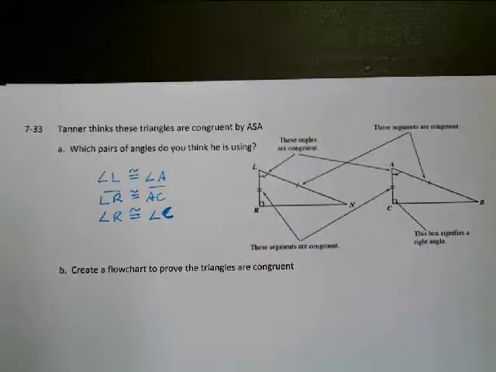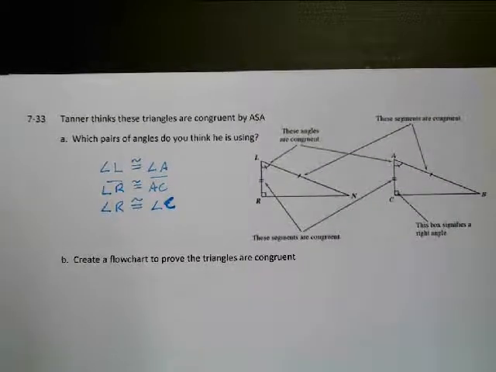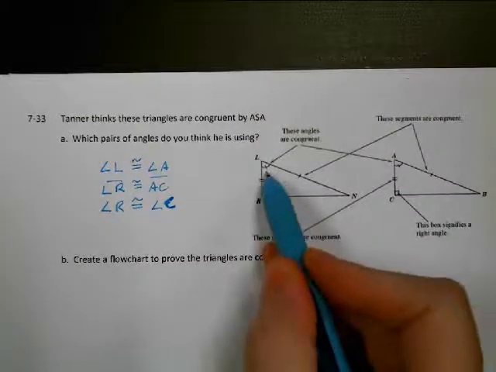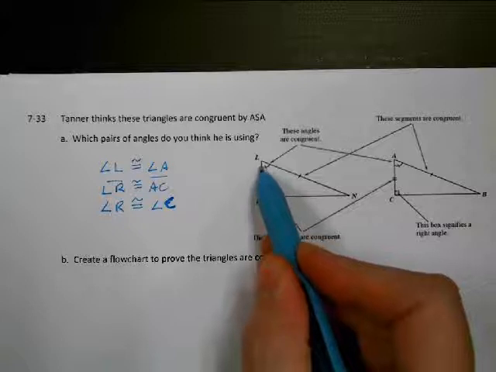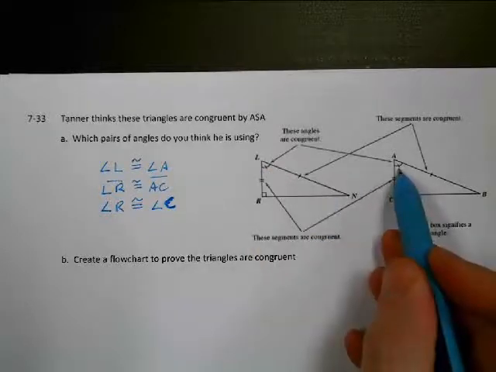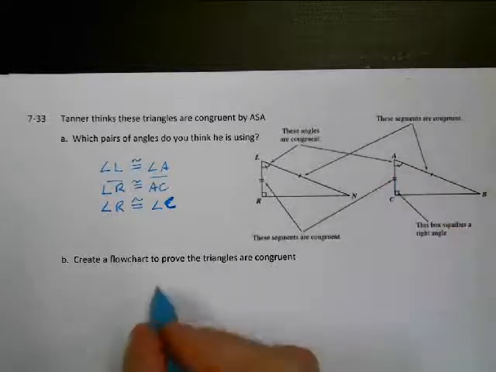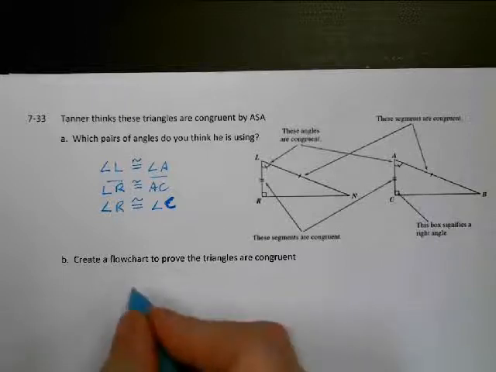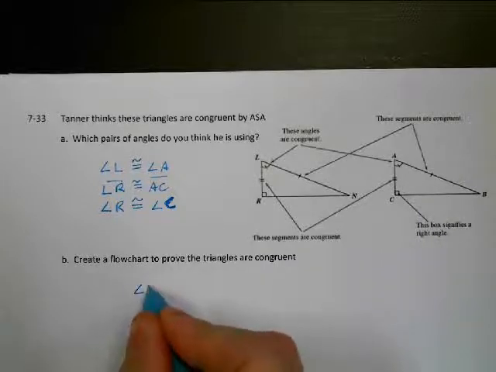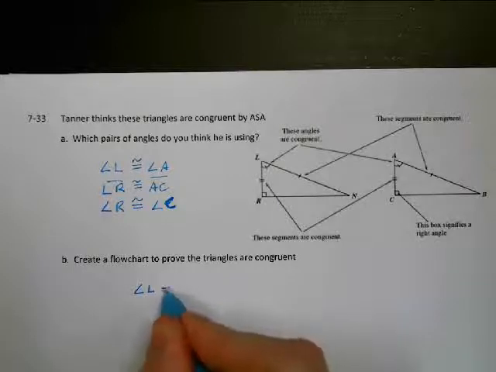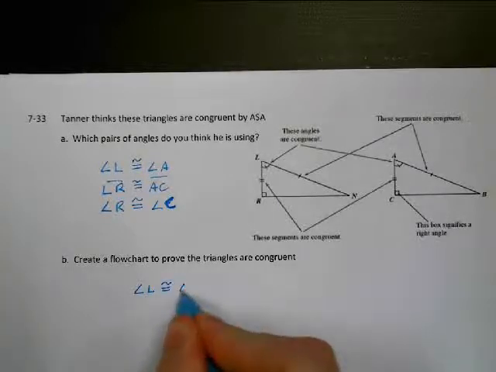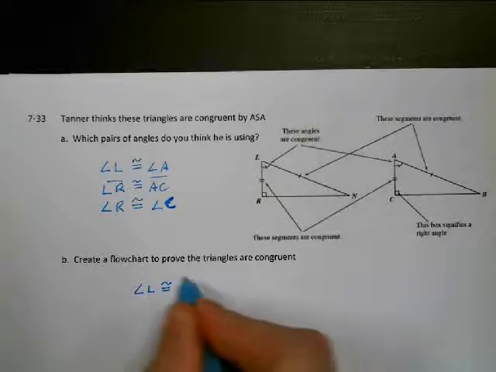First of all, I'm going to say that angle L is congruent to angle A because they've got tick marks. It's given. So I'm going to say that angle L is congruent to angle A because that's given.